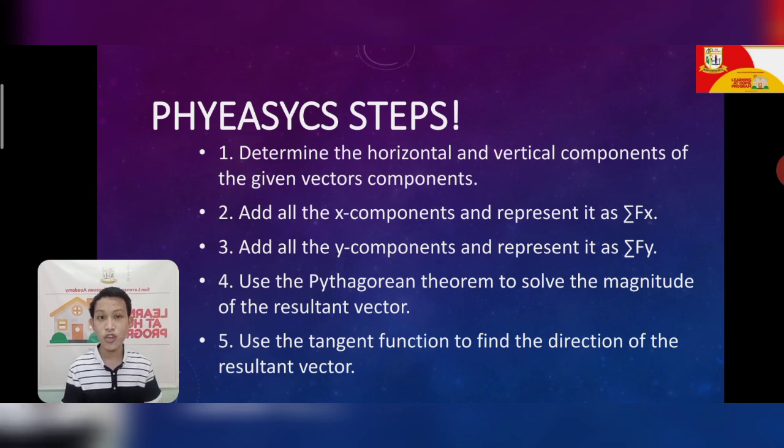Third, add all the y components and label them as summation of f of y. Fourth, use the Pythagorean theorem to find the magnitude of the vector. And lastly, use the tangent function to find the direction of the resultant vector. It's that easy. Just follow the steps and you will get the correct answer.